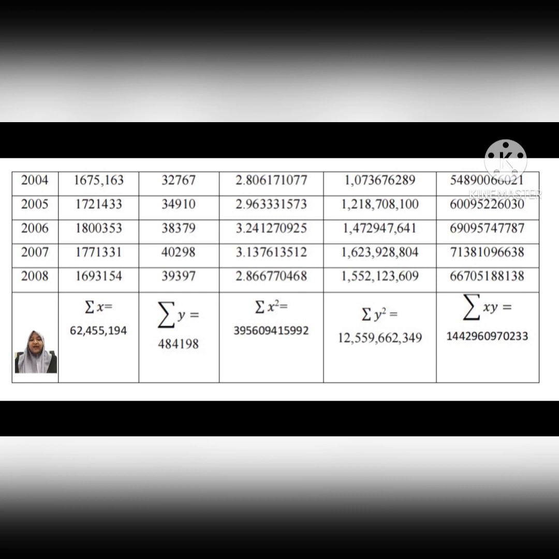The value of X power of 2 is 395609415992 and the value of Y power of 2 is 12559662349. And lastly, the value of XY is 1442960970233. That's all for me.